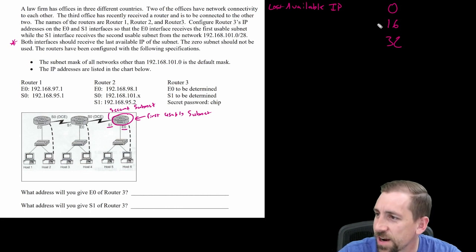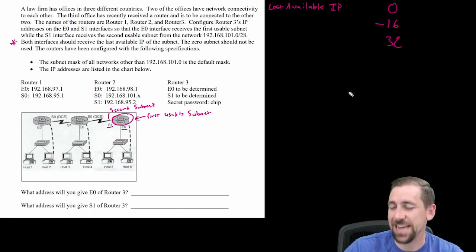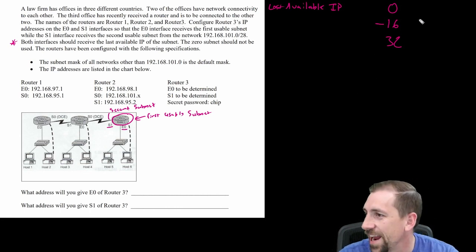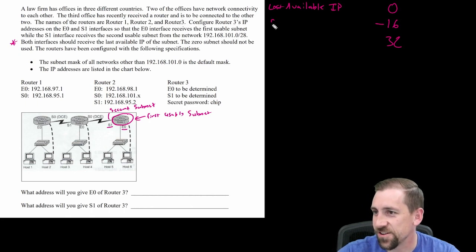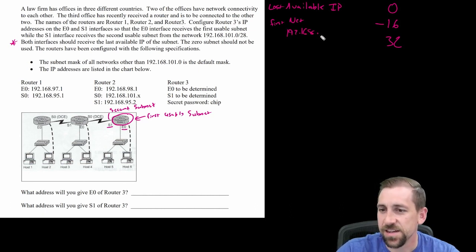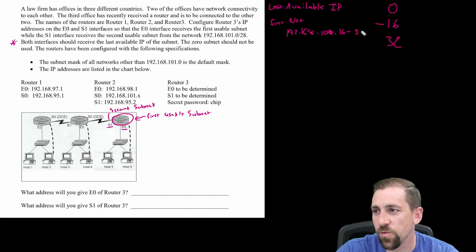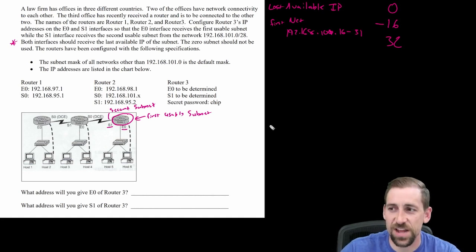And so the first network is the .16 network, and that means that the first network is 192.168.101.16 through 31. That's the whole range of the first network.